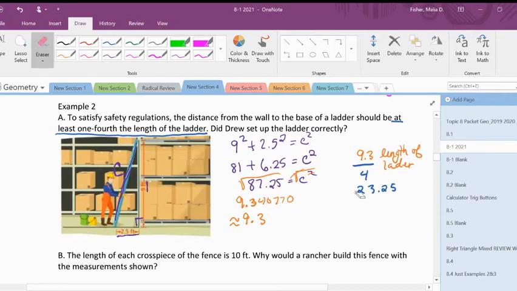Right, sorry. It's 2.325, not 23. That wouldn't make sense. 9.3 divided by 4 is 2.325. Rounding that is 2.3. And since he is 2.5 and that's greater than 2.3, then we can say that Drew is safe.